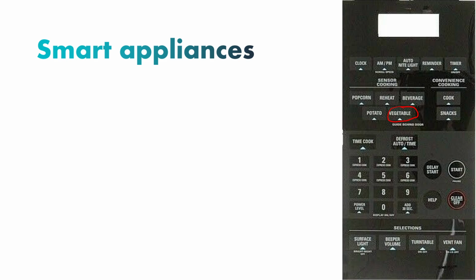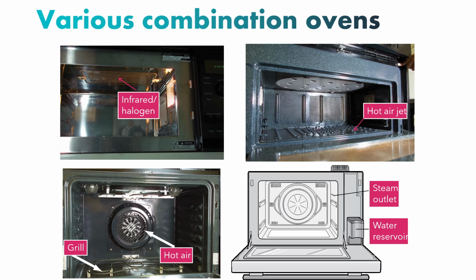Next, you can see that this kind of a logic of how the cooking would proceed based on certain combination of power and so on would be particularly important and particularly useful in combination ovens like infrared plus halogen or plus microwave, of course.